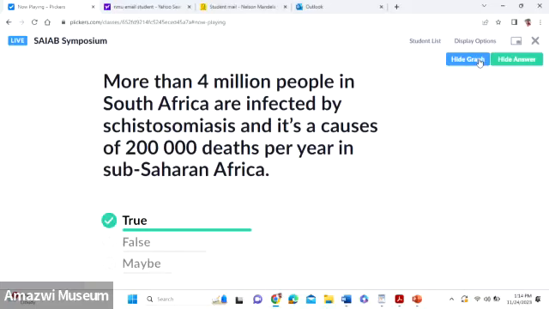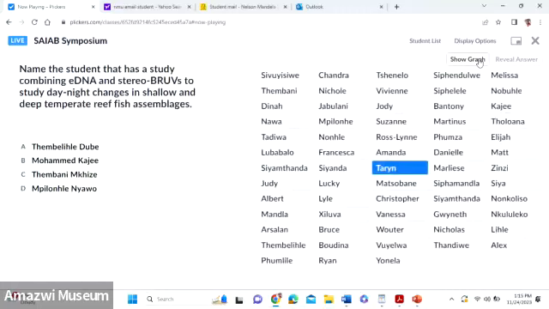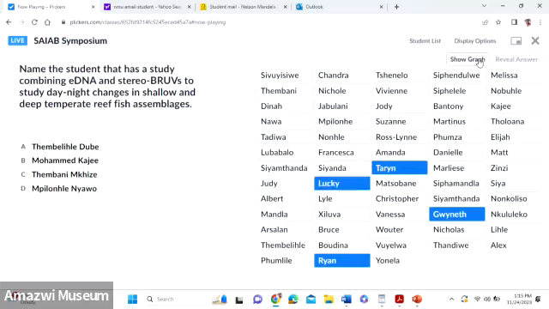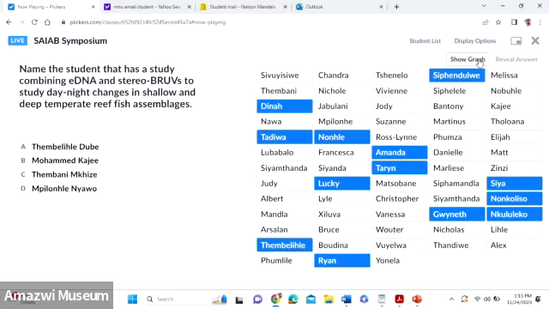Next question. This is the last question for the clicker session. This has been fun. Name the student that has a study combining eDNA and cameras to study day-night changes in shallow and deep temperate reef fish assemblages. That's a mouthful. A, Tembelihle Dube, B, Muhammad Kaji, C, Tembani Mkhize, D, Mpilontle Nyawo.